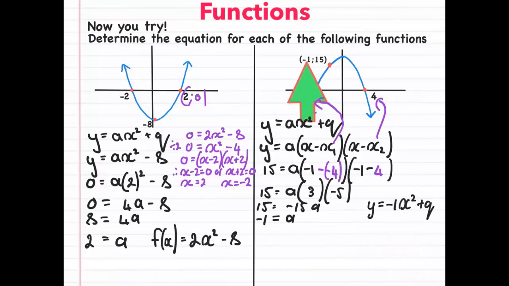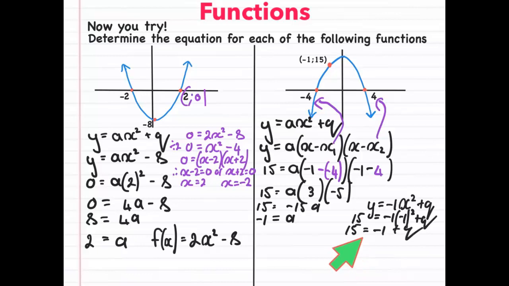So we take that same point, we put the x into x's place, we put the 15 into y's place. So this will be 15 equals minus 1 times minus 1 squared plus q. Let's simplify. 15 equals, and then minus 1 squared is 1. 1 times minus 1 is minus 1, plus q.